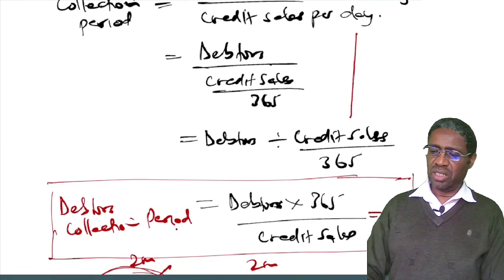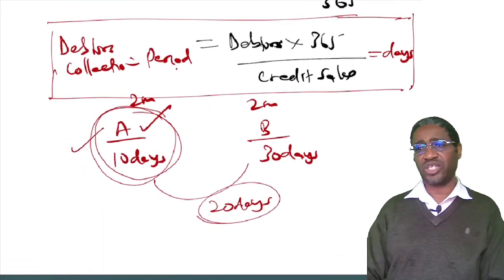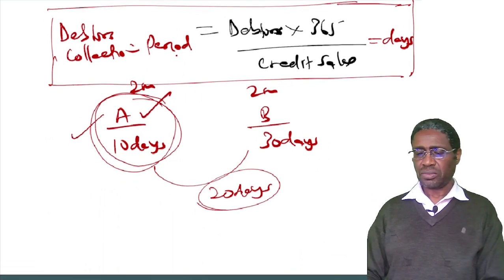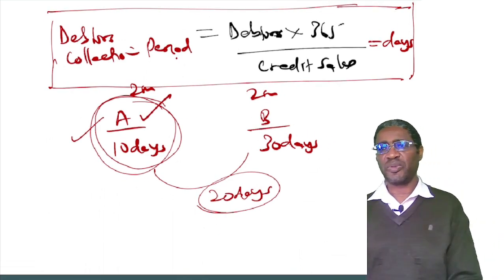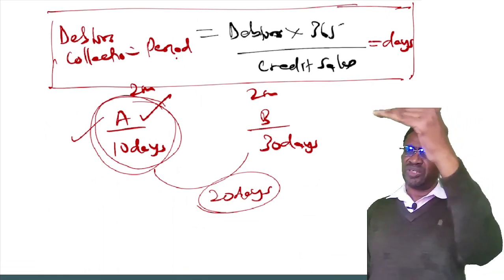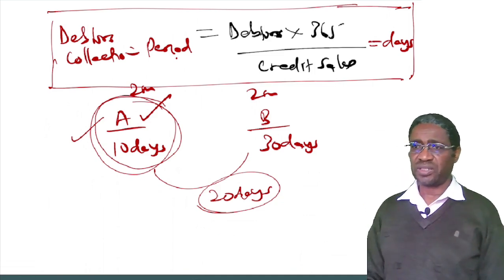Another efficiency ratio. Call it debtors collection period. I think you can copy that formula again. You don't need to show how it came down to this. You can just copy the final part.